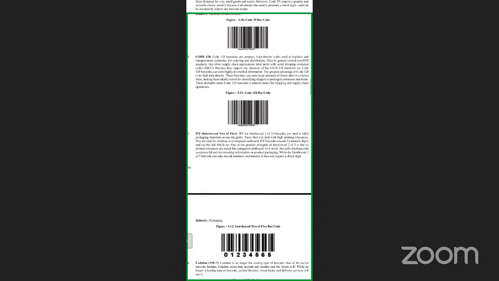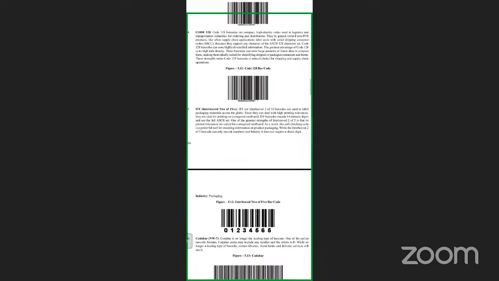Next one is ITF, Interleaved 2 of 5, meaning 2 out of 5. It is used to label packing materials. This is for packing, and Code 128 is for logistics and transportation industries, and 2 of 5 is for packing materials across the globe.